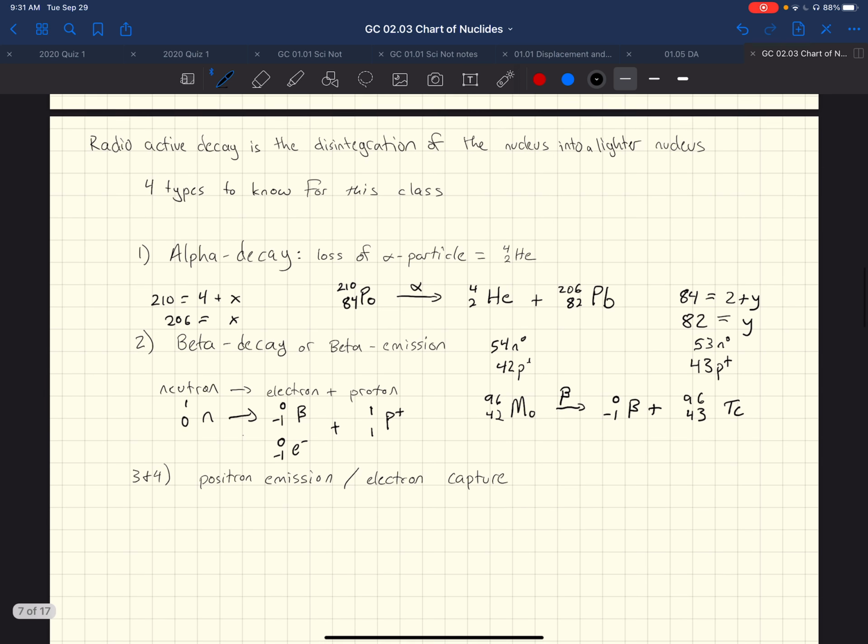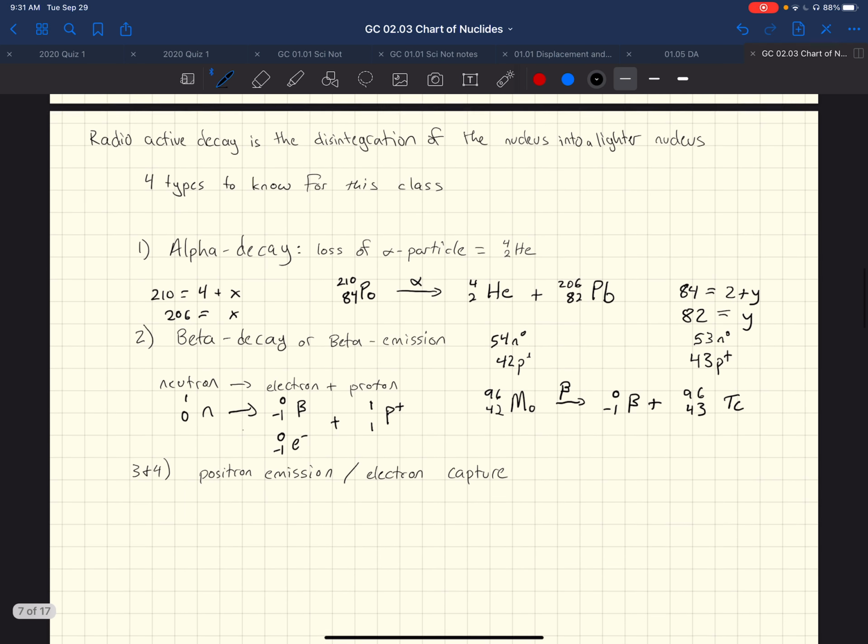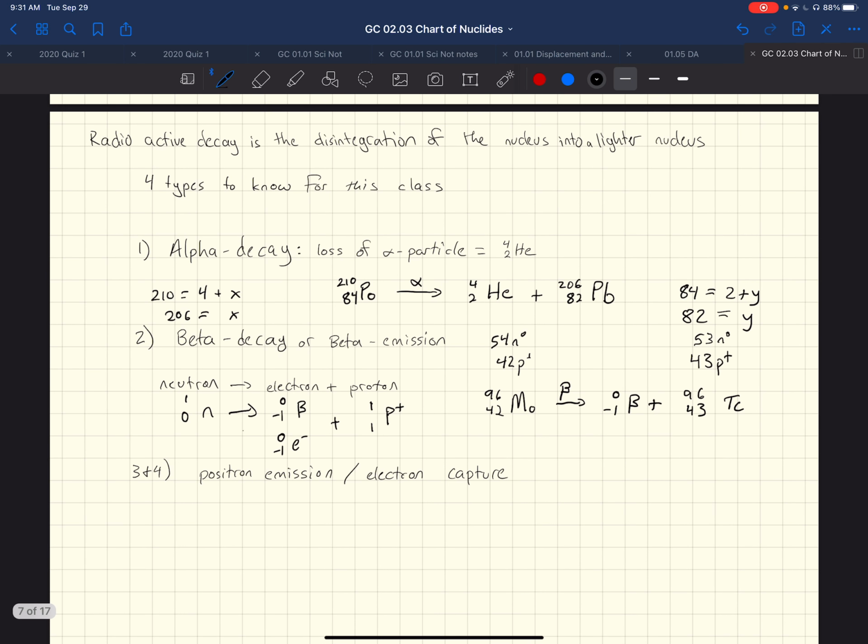Okay, now numbers 3 and 4 I group because even though they are different reactions, they do the same net effect. So for both of these, I'm taking a proton and converting it to a neutron. So you'll notice it's just the opposite of beta decay, and the way it goes about it is a little different.